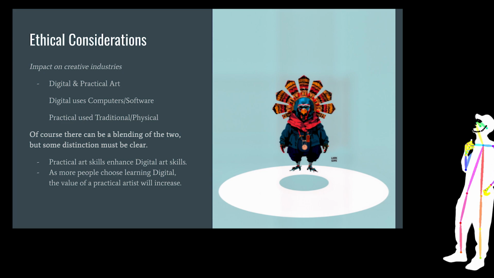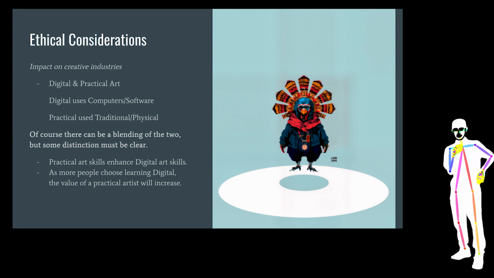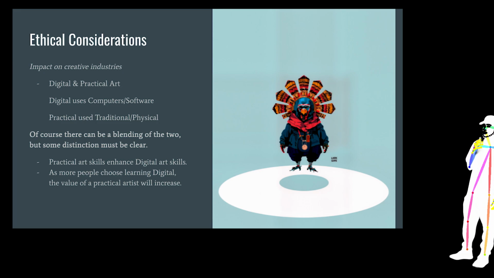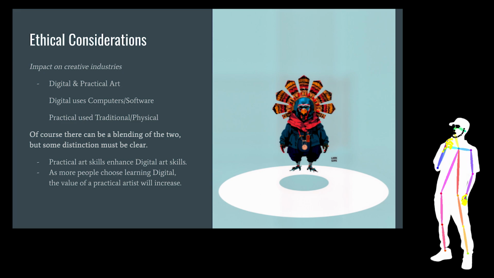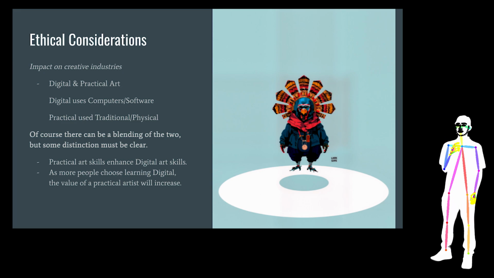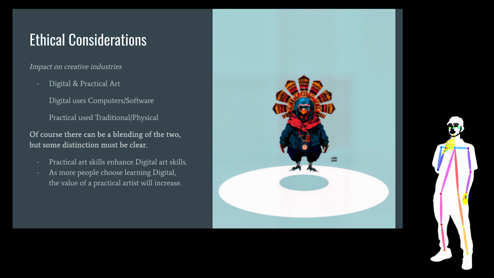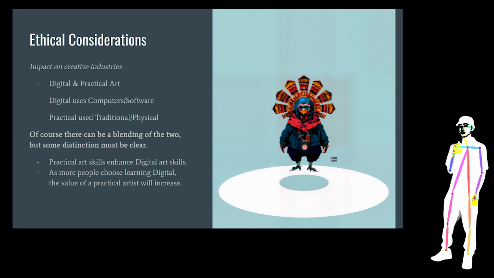As soon as you start making that distinction, it's a lot easier to deal with. Of course, there can be a blending of the two, but essentially, practical art skills enhance digital art skills. So if you're already a talented artist, you're going to take that with you into the generative field. It's going to make you stronger, not weaker, okay?